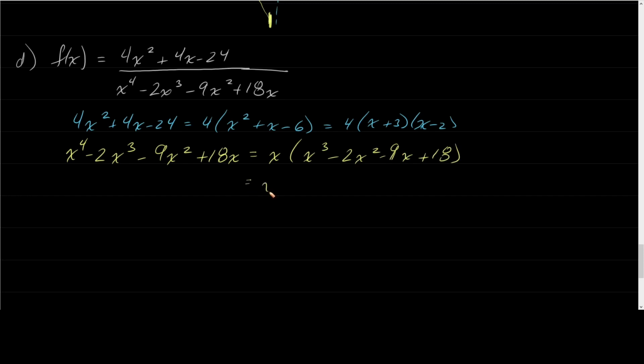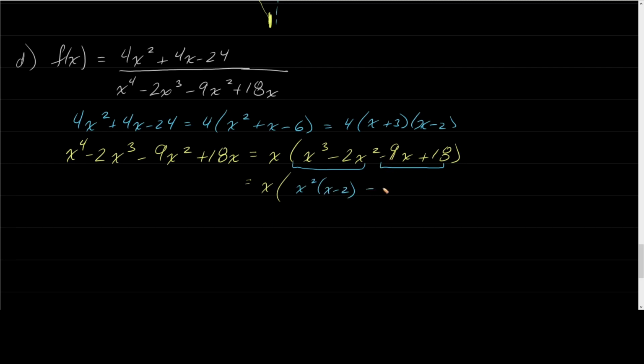The next thing I'm going to do is factor by grouping. I'm going to group the first two together and the last two together. From the first two, I can take out an x squared, and I'm left with x minus 2.